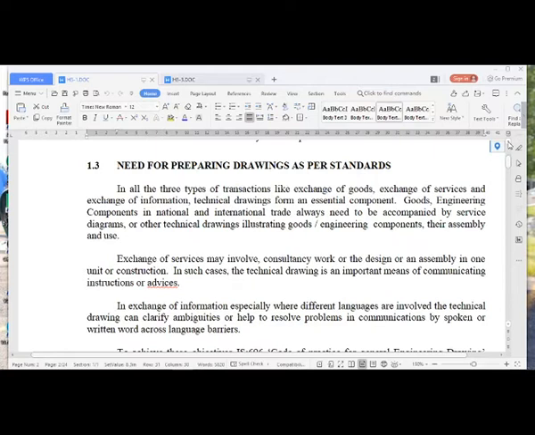Goods and engineering components in national and international trade always need to be accompanied by service diagrams and other technical drawings illustrating goods, engineering components, their assembly and use. Similarly, exchange of service may involve consultancy work or the design of an assembly in one unit or construction. In such cases, technical drawings are an important means of communication, instructions, and advice.